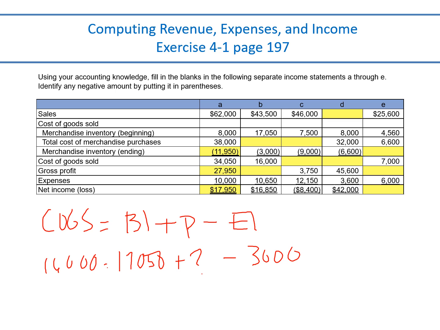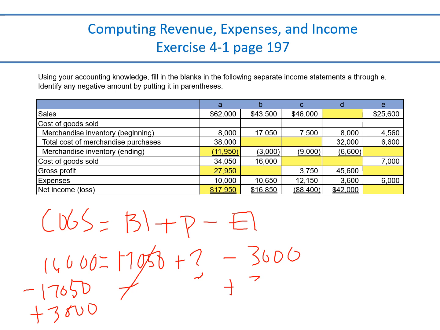So if we say 16,000 is equal to 17,050 plus question mark, right? Minus 3,000. So if we subtract 17,050 and we add 3,000 to both sides, this less 17,050 makes it 0.